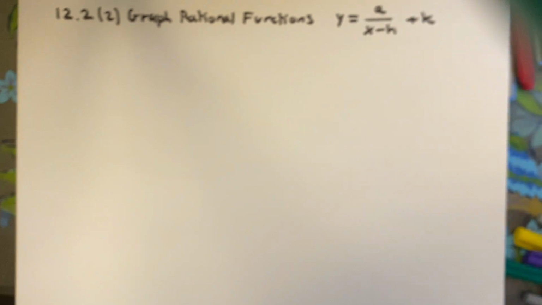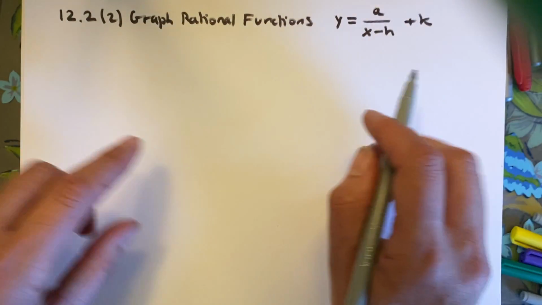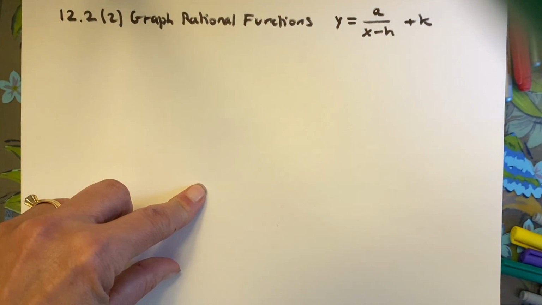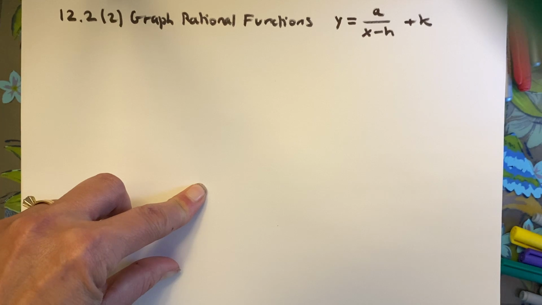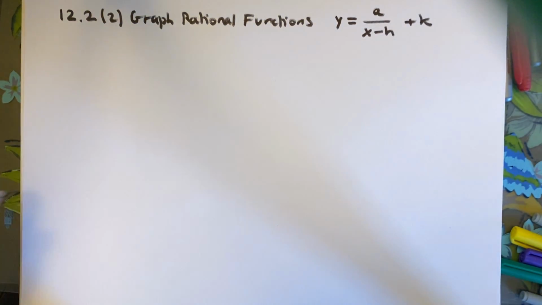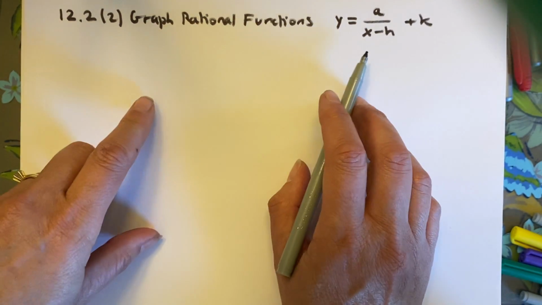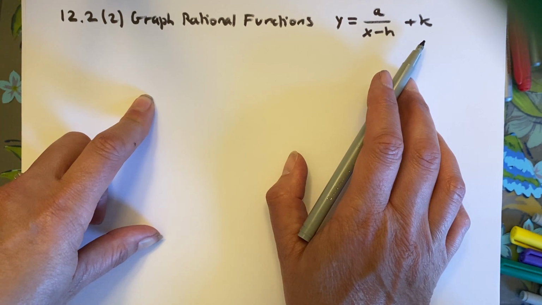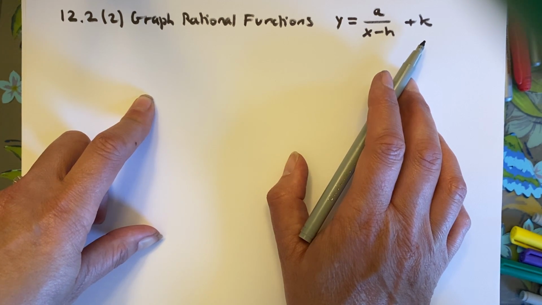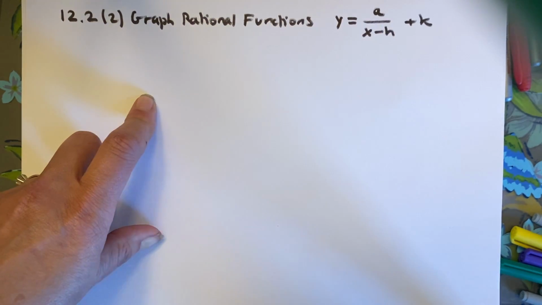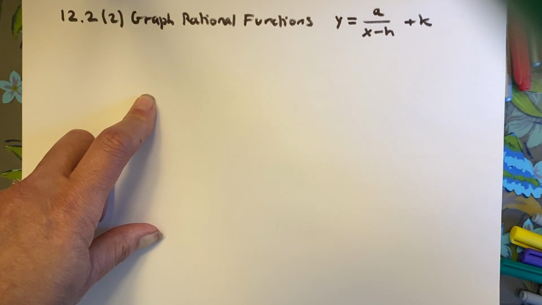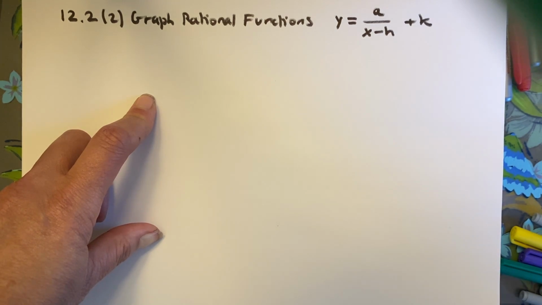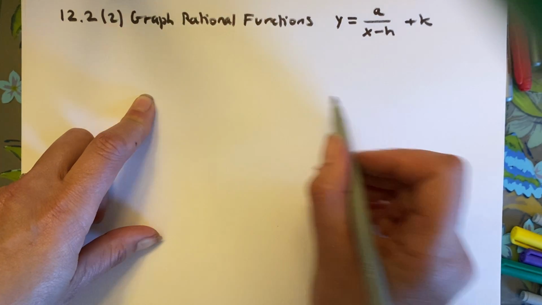So the first part of this is just to look at it and maybe identify the asymptotes of the graph. And what we saw before, if you look back at yesterday, when we did plus k, we noticed that the whole function went up from 0 by k. So we know that horizontal asymptote, excuse me, the y value.